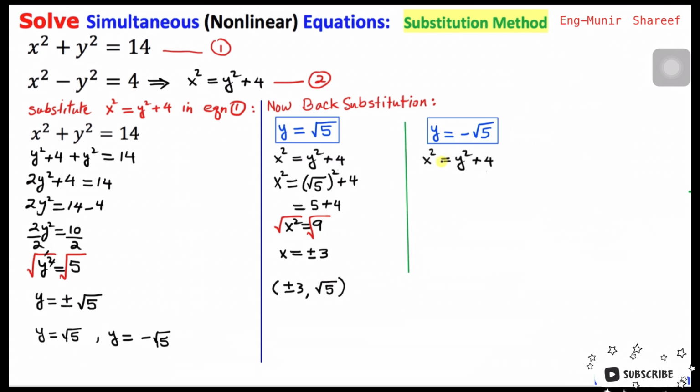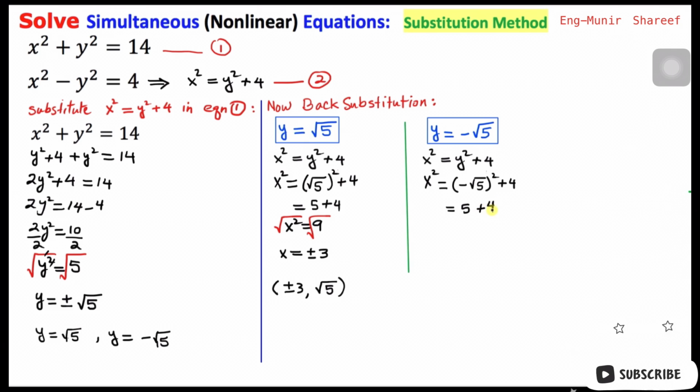And now we are going to repeat the same process for the y equal to negative square root of 5 value. So now let's go ahead and fill in the blanks. So x squared equal to y, in our case negative square root of 5, and then squared, plus 4, and this is going to give us simply 5 plus 4, because the negative sign when you have a square becomes positive.